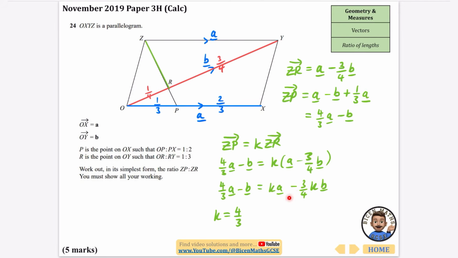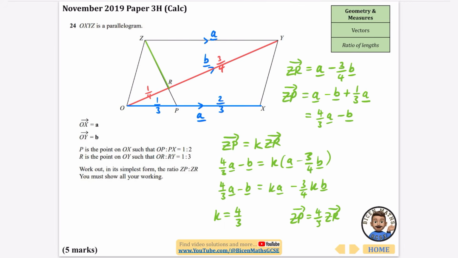And when you compare the B parts, if K is 4/3, 3/4 times 4/3 does give you that minus 1. So minus B is minus 3/4 times 4/3. So it does work, and K is 4/3. That means that ZP is 4/3 the length of ZR.